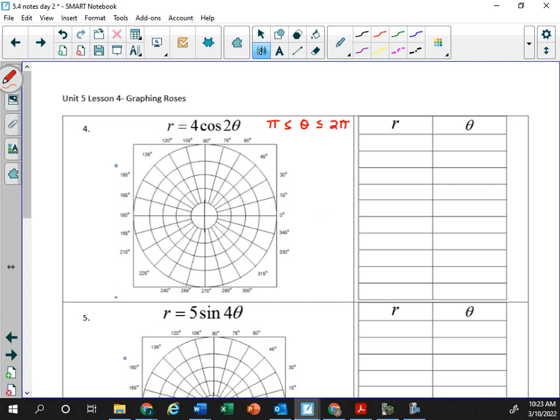All right, guys, if I was graphing the whole thing, this is what the entire graph would look like. I'd start out here.